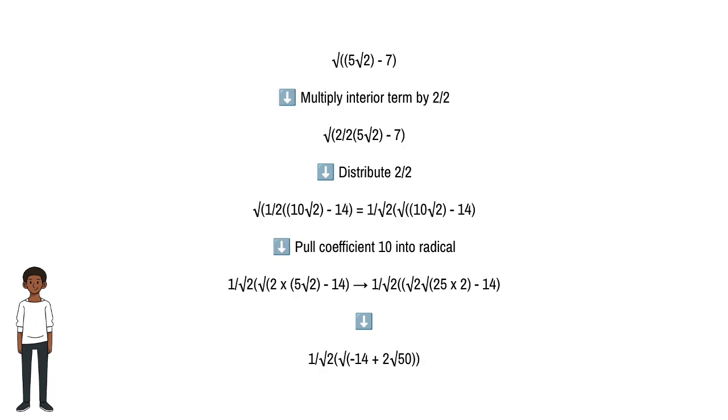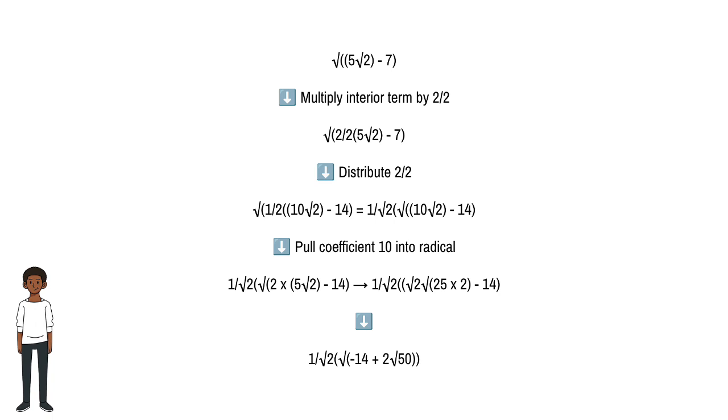To use the standard identity directly, it's often cleanest to create a fraction first by multiplying by 2 over 2. The square root of 5 roots of 2 minus 7 equals the square root of 2 times 5 roots of 2 minus 7 over 2, which equals the square root of 10 roots of 2 minus 14 over 2. We can factor out the square root of 1 over 2, or 1 over the square root of 2, giving us 1 over the square root of 2 times the square root of 10 roots of 2 minus 14.